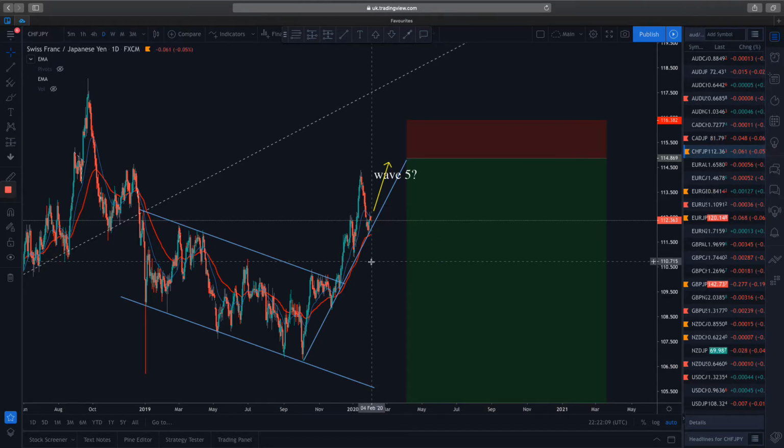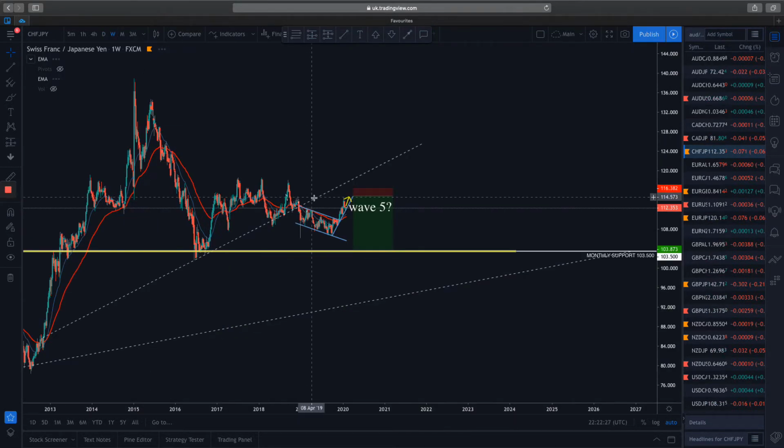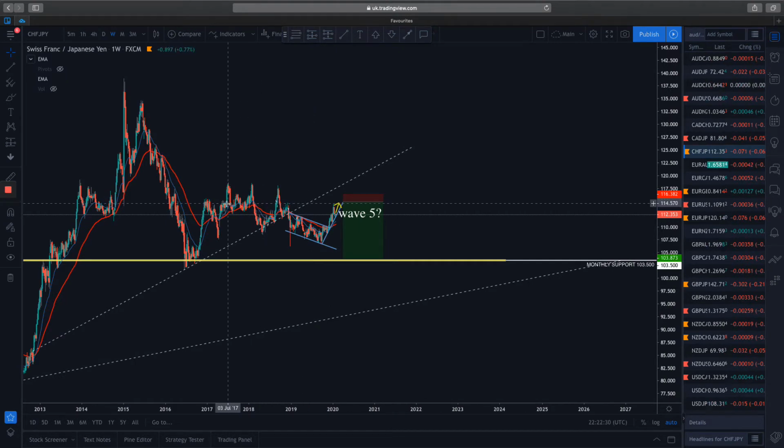Swiss yen. If we look at the Elliott wave theory, we've got wave 1 pullback, which is wave 2. Then we've got wave 3, which is the biggest run. Then we've got wave 4, which has happened. So it looks like we might get wave 5 here, and then this does work out in line with the weekly as well, because you can see here we have got a nice weekly level, which works out around about here.